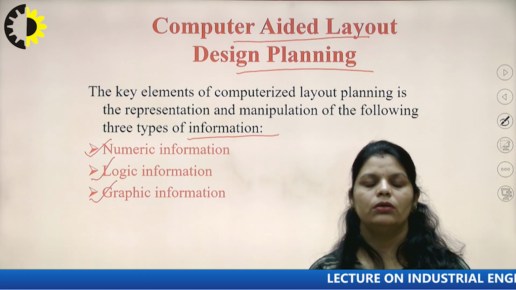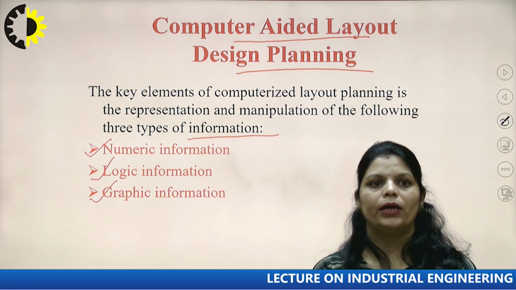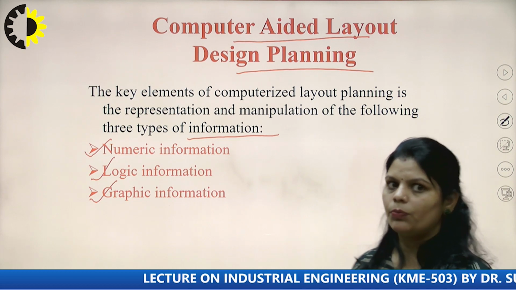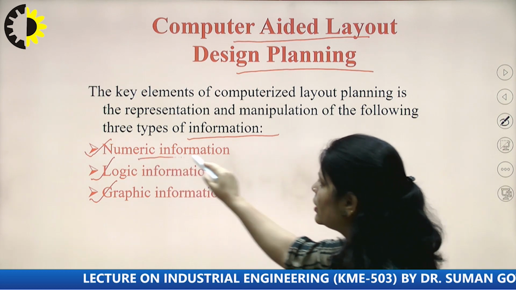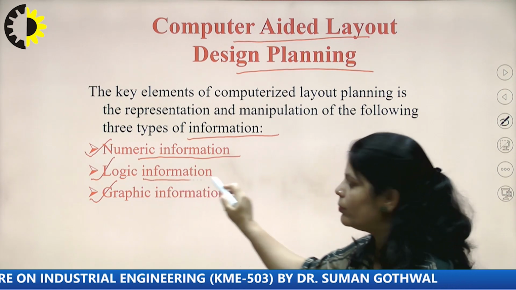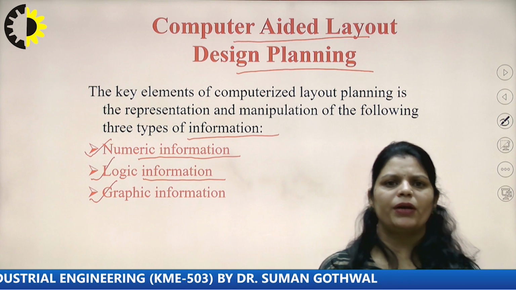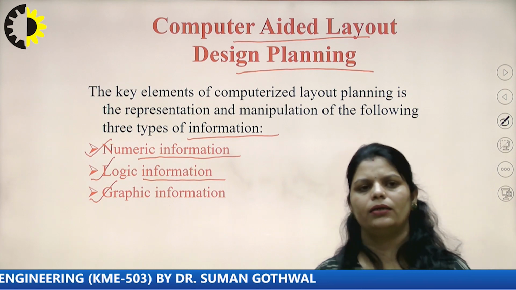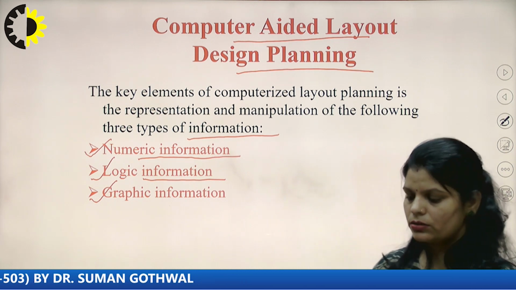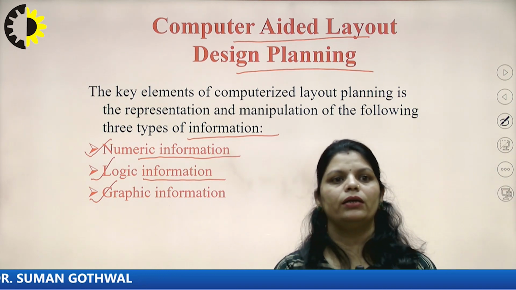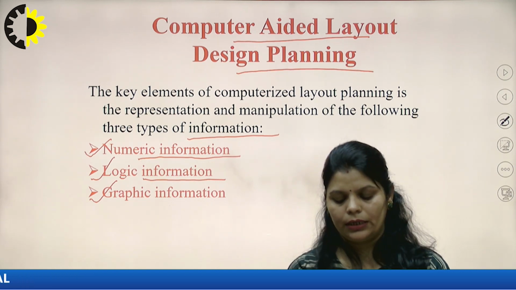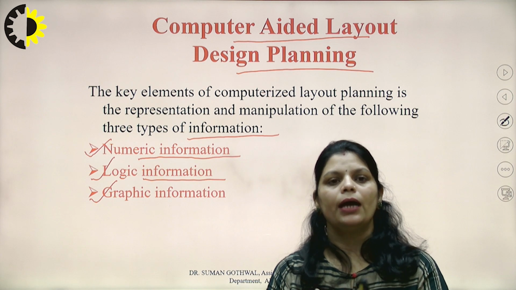Numeric information is, for example, the space required for an activity or the total flow between two activities. For logic information, like the preferences of the design, we need the activity relationship chart, which provides the logic relating the different activities.